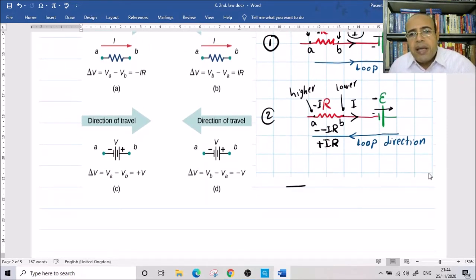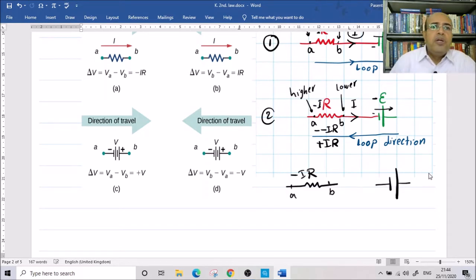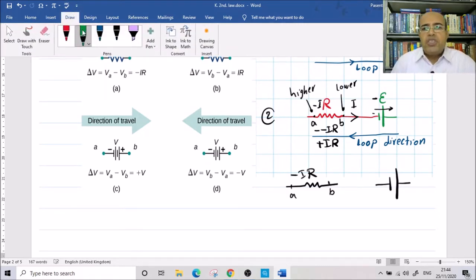Generally, in case of a resistor, if the direction is here, it's negative IR. Negative IR generally, whether the current passes from A to B or from B to A. But in case of the cell, I advise you to put the direction of the charge carrier.